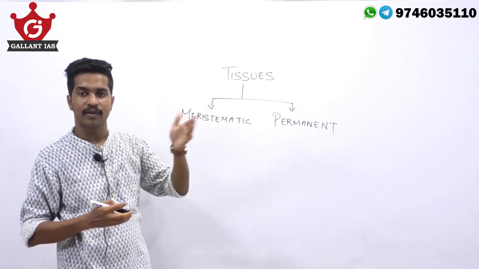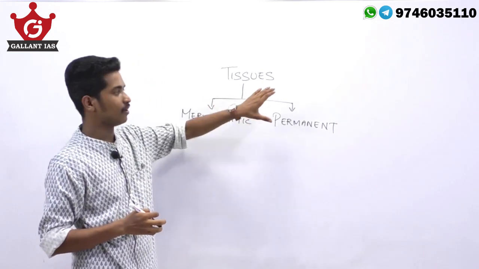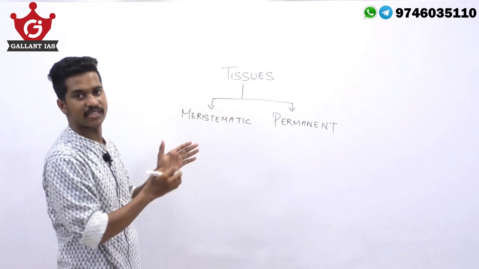So tissues are a group of cells that perform a particular function. So that's the definition for tissue.